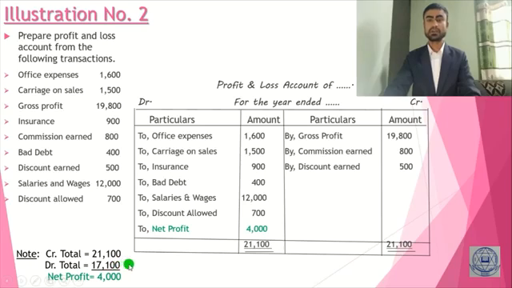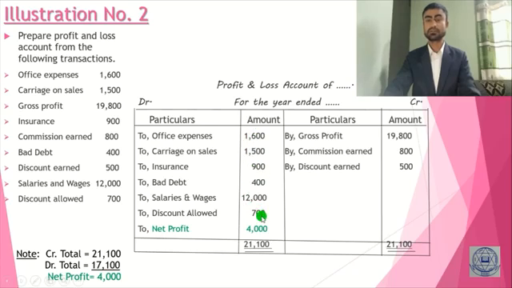We should make it equal, so whatever amount is needed to make it equal, we should write here, because here is the lesser amount. The debit side is less by 4,000, because we deduct the lower total, 17,100, from the higher total.